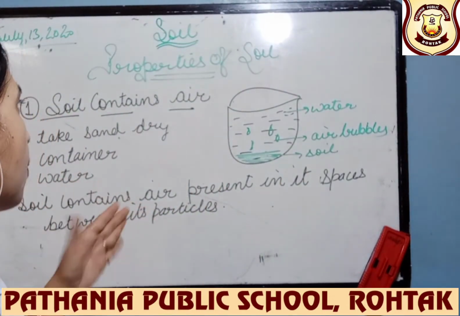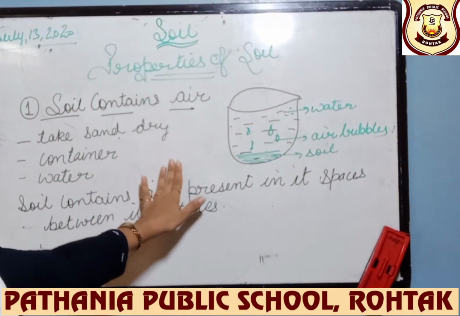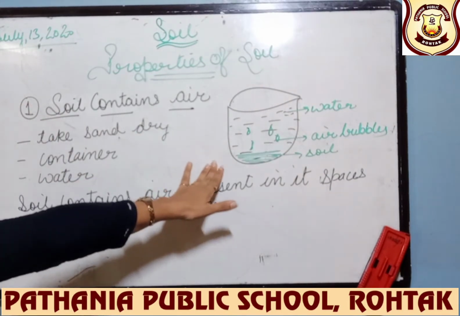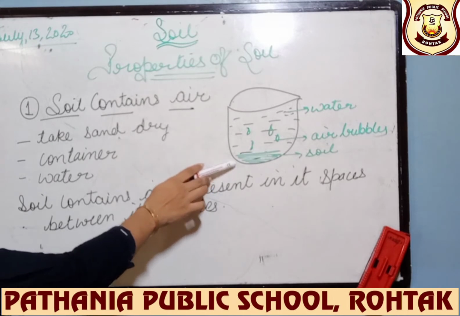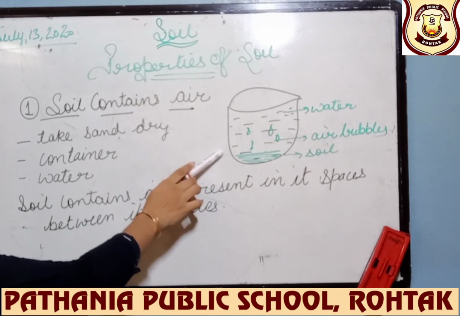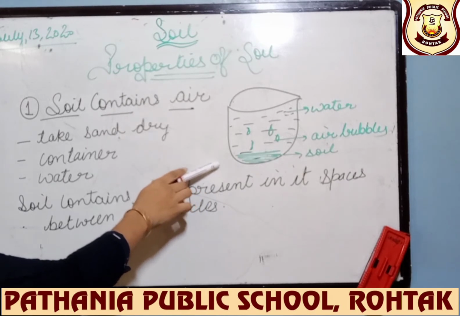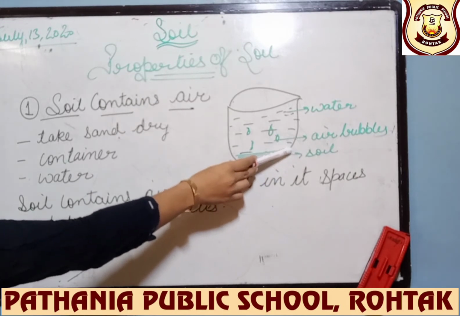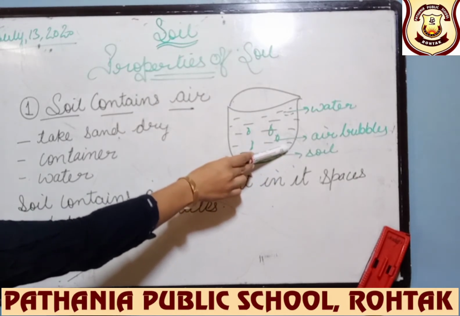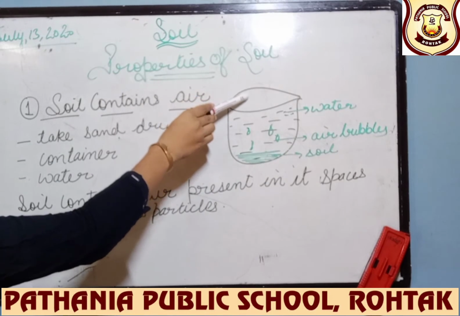So in this topic, soil contains air. The first property of soil I am going to take with this small experiment. I have taken a beaker. I have kept water in it and I poured some soil in it. As I poured the soil, these bubbles are of the air which is present in the space between the soil particles, and the water enters the space between the soil particles and expels the air present there.